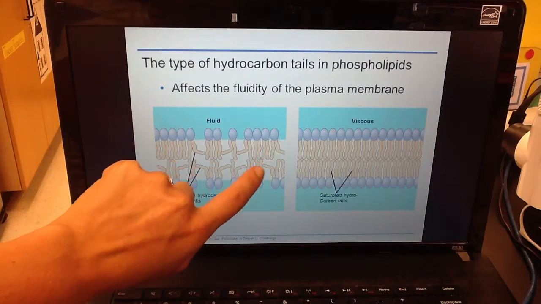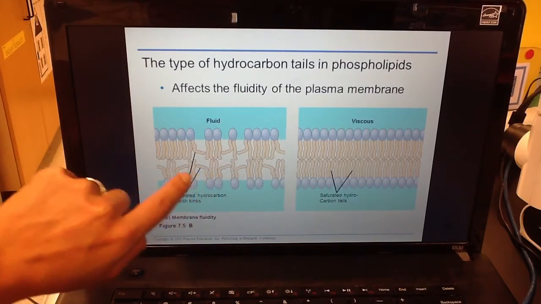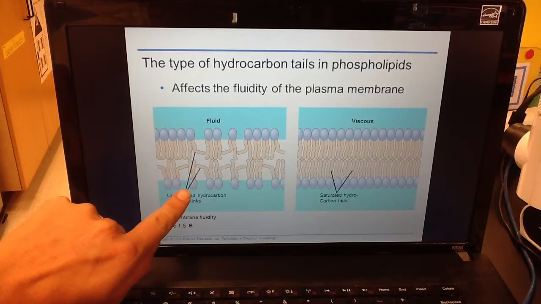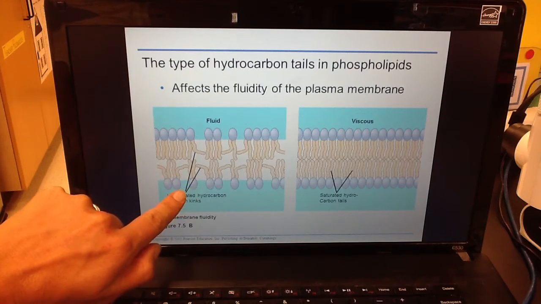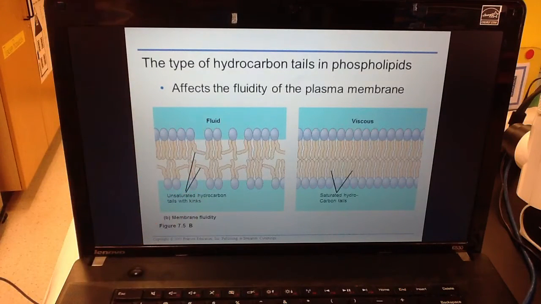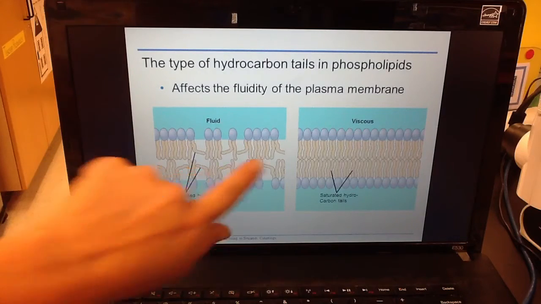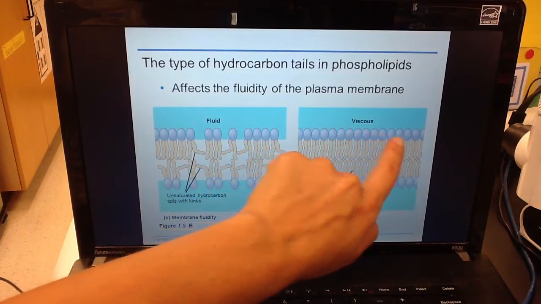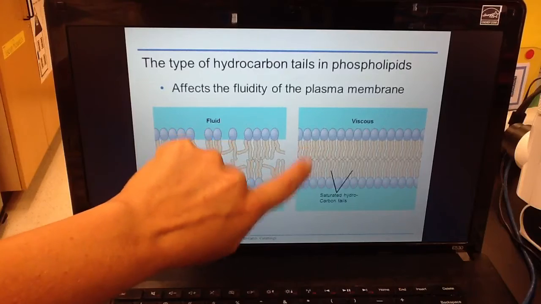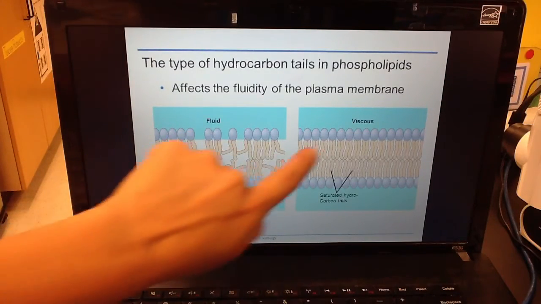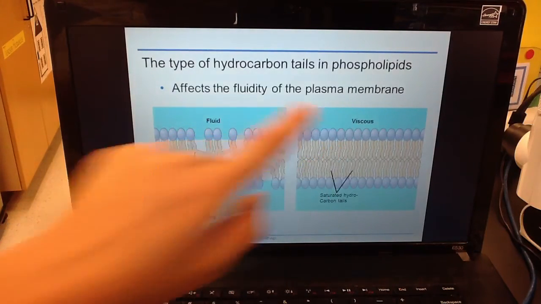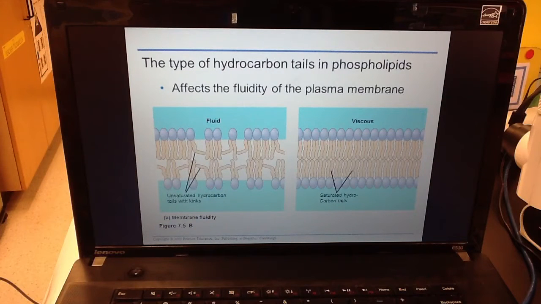Each one of these kinks represents an unsaturated double bond. Because of that, it pushes the phospholipids further apart, creating a very fluid plasma membrane. Whereas if all of the phospholipids are tightly packed together, all the hydrocarbon tails are saturated and linear, then everything's very tightly compact and you get a very viscous or solid cell membrane.